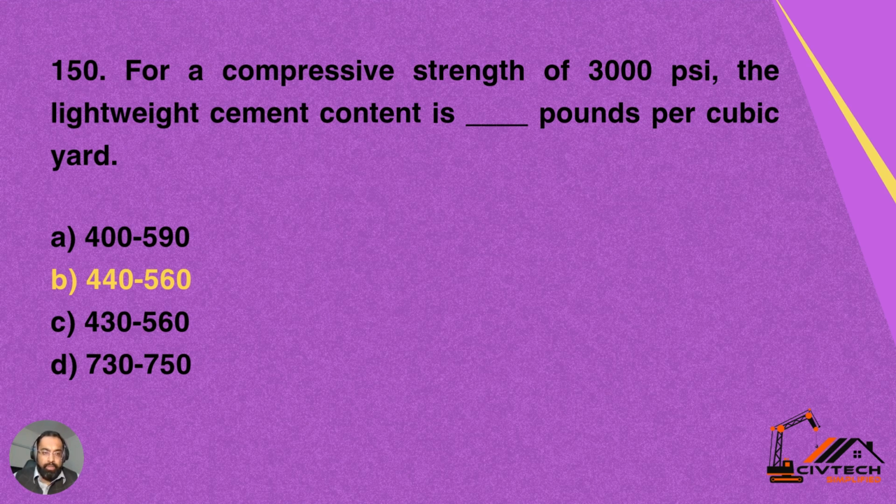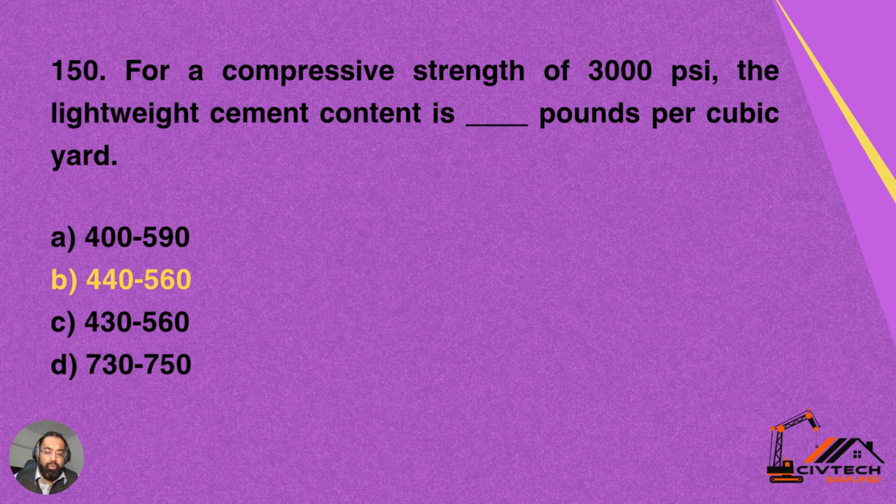Then we have question number 150 and the last question for this video part, as well as the last question for the concrete technology topic. For a compressive strength of 3000 psi, the lightweight cement content is dash pounds per cubic yard.